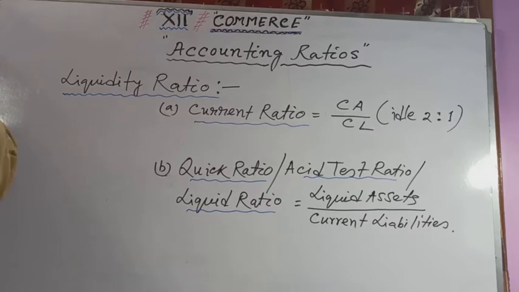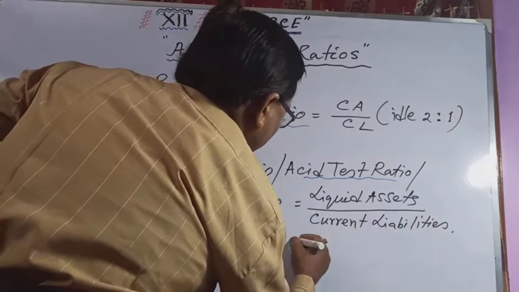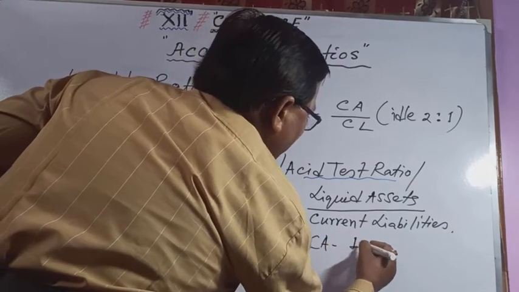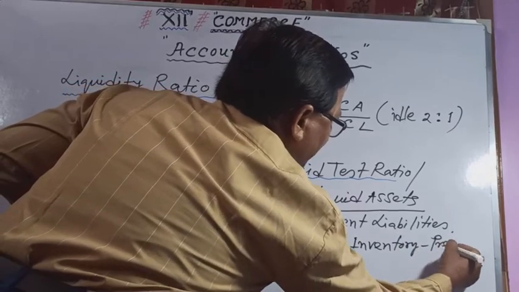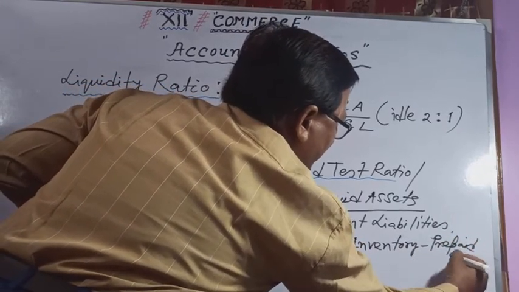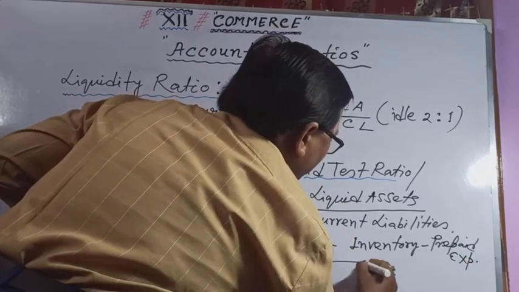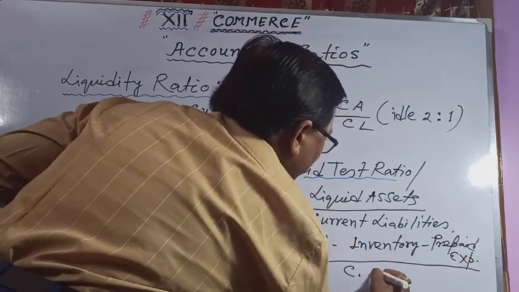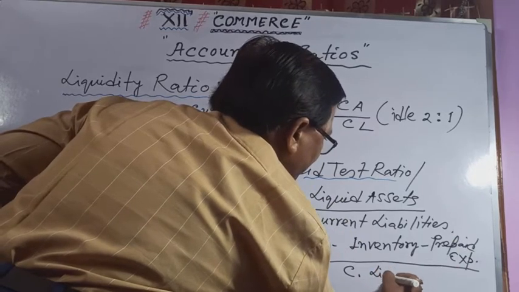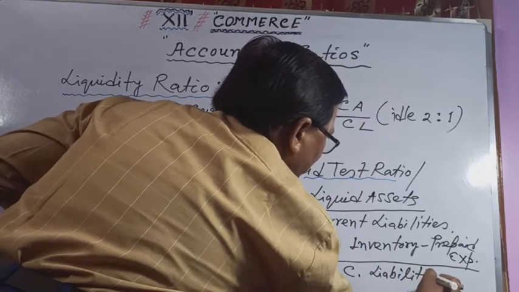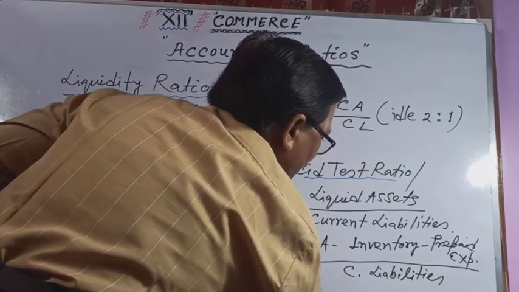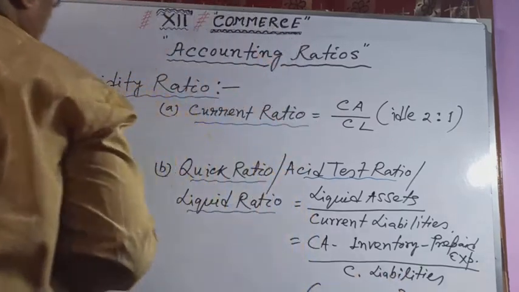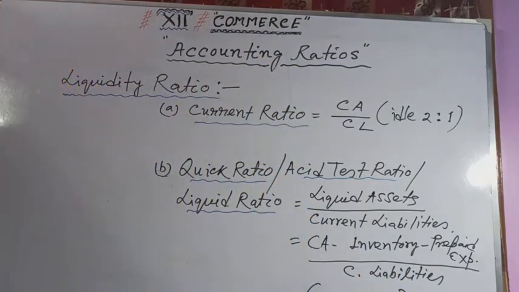That means current assets minus inventory minus prepaid expenses, divided by current liabilities. The ideal ratio is 1:1. That means liquid assets ₹1 and liquid current liabilities ₹1.